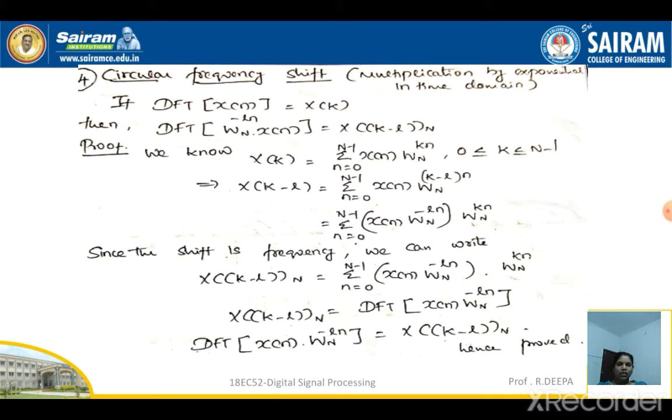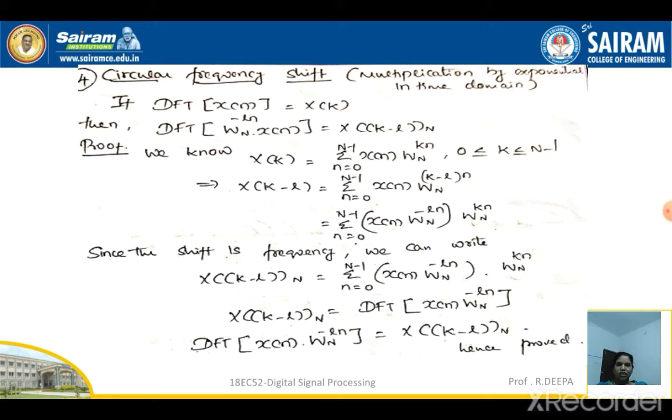And we know the shift is a frequency shift, that is X of k minus l can be represented in terms of frequency shift as X of k minus l with circular shift capital N, which is equal to the same summation n equal to 0 to N minus 1 x of n W_N power of minus ln into W_N power of kn.